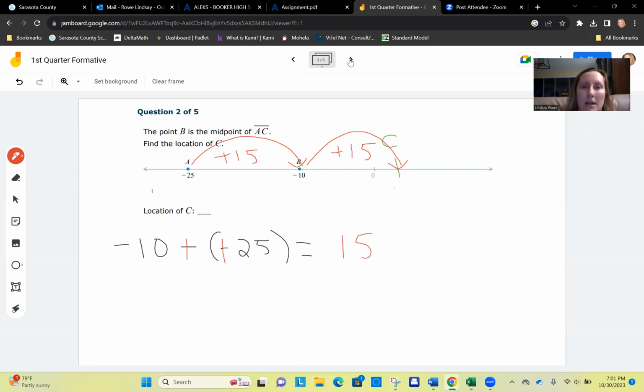So -10 plus 15, that distance that I'm adding, is going to give me the location of C. So where is C? -10 plus 15 is +5, and that puts the location of C at +5. My recommendation for this problem is definitely to draw it out.